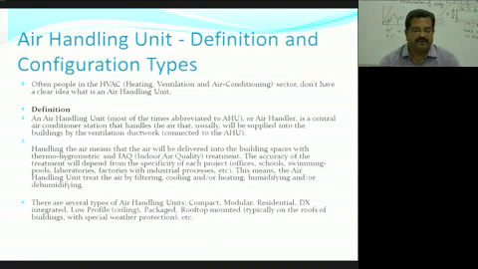This means the air handling unit treats the air by filtering, cooling or heating, humidifying or dehumidifying. So there are these three processes: one is filtering, another is cooling or heating, and the third is humidification or dehumidification. These are the basic controls which this AHU handles.